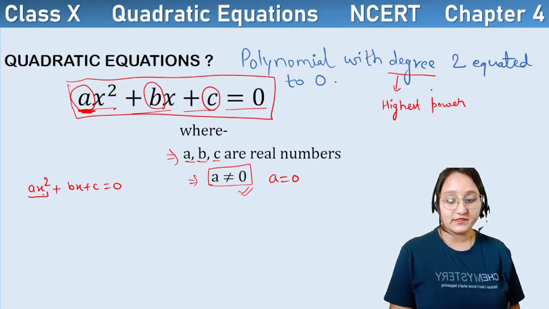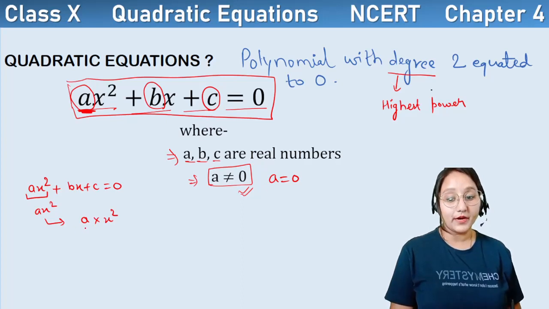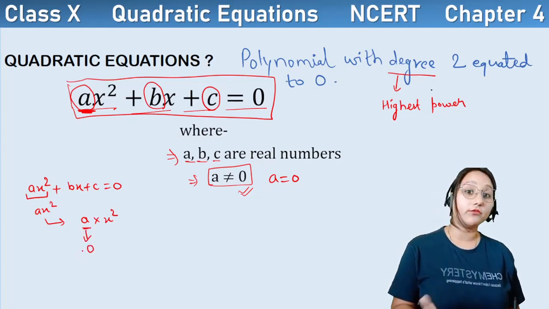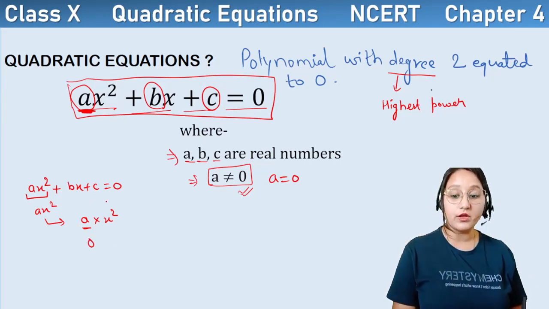If we see this term ax square, then we can say that a is multiplied to x square, right? But if the value of a becomes 0, then what would happen? If the value of a becomes 0, then this whole term, ax square, will be 0.